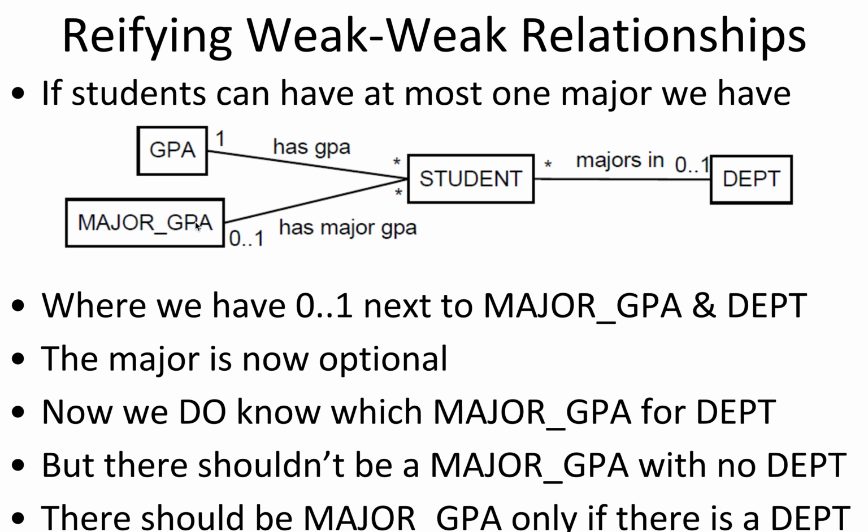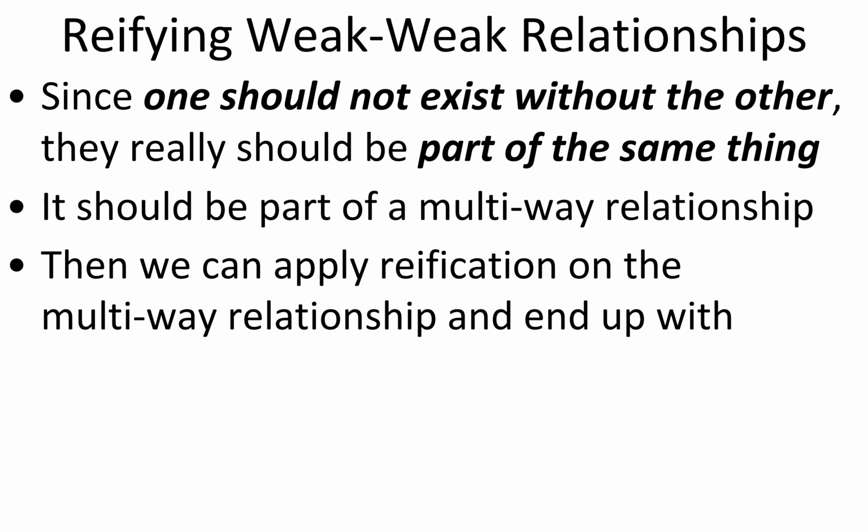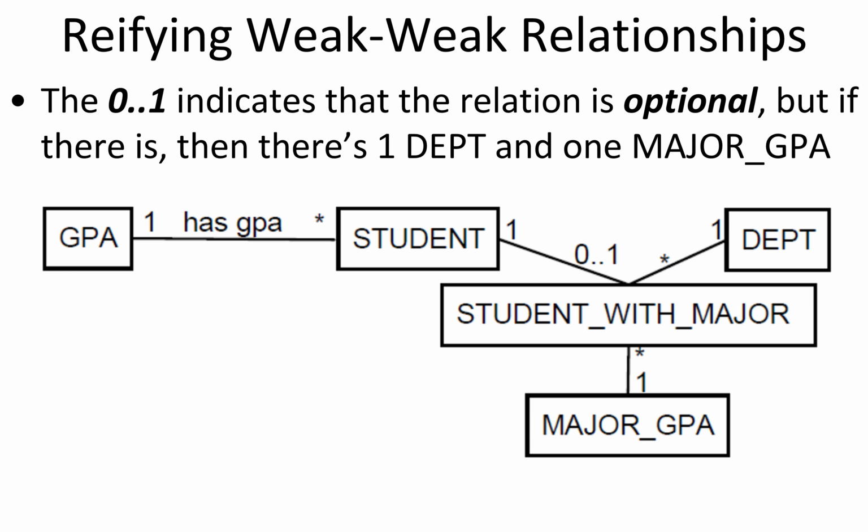Here, notice that this does not enforce it. This one says that if you don't have a department, you could still have a GPA. Nothing is stopping you. So this does not capture that business rule that we might add there, that if there is no department, there shouldn't be a GPA associated. So what we could do is bring the 0-1, the optional, over as part of the student with major relationship, meaning that the whole record here is optional.